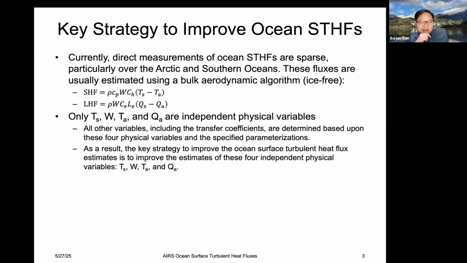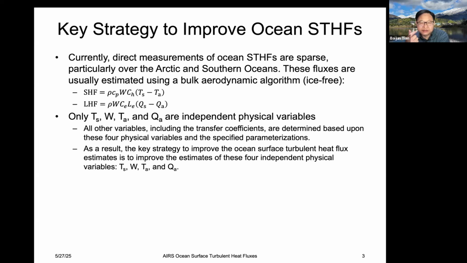For example, the sensible heat flux is a product of wind speed and the air-sea temperature difference, Ts minus Ta. Ts means sea surface temperature, and Ta is near-surface air temperature.